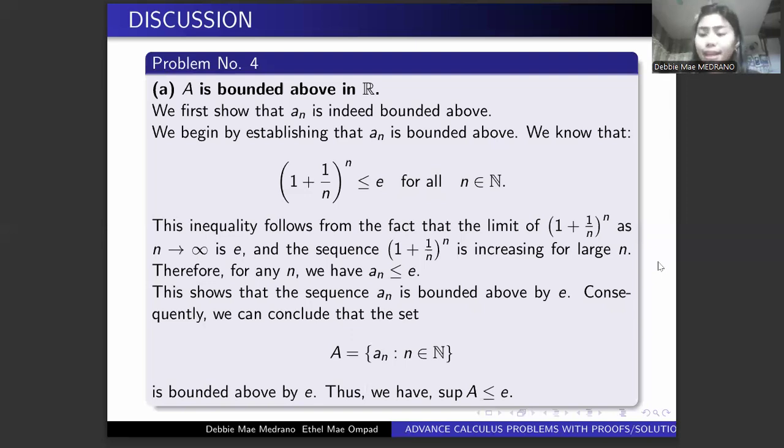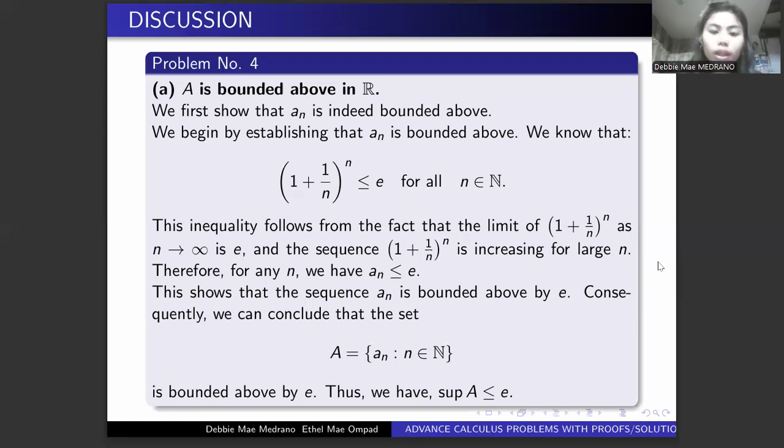We first show that a sub n is indeed bounded above. We begin by establishing that a sub n is bounded above. We know that 1 plus 1 over n to the power of n is less than or equal to e for all n an element of the natural numbers, since earlier we stated that 1 plus 1 over n to the power of n is bounded above by e as n increases.